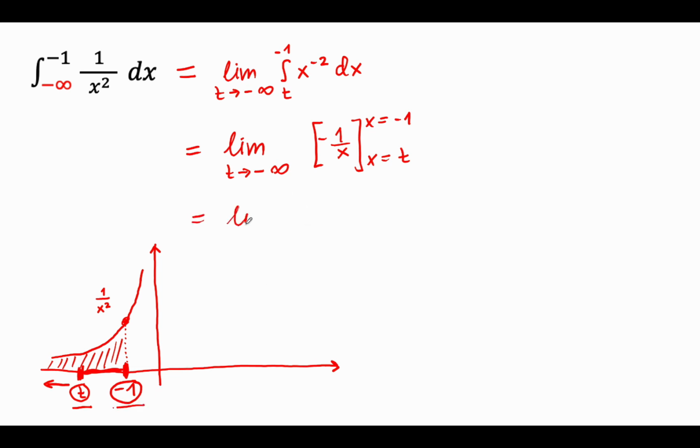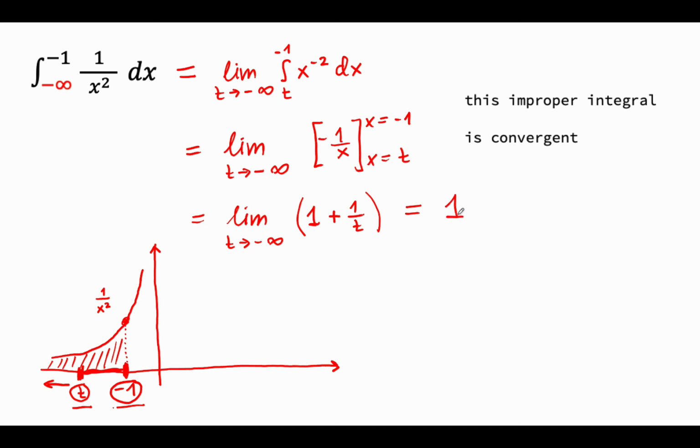So this function at negative 1, negative and negative, positive, is equal to 1, and then minus this function at t, minus negative 1 over t, so plus 1 over t. It's easy to compute the limit of this expression because this goes to 0 and the whole limit is 1. So the area of this infinite region is equal to 1.